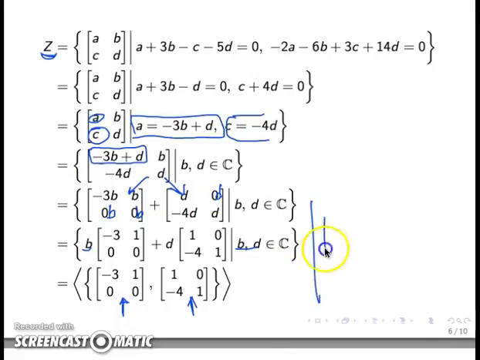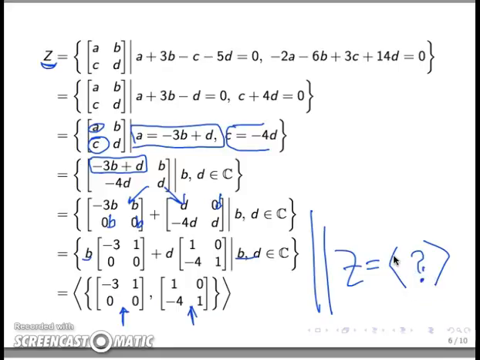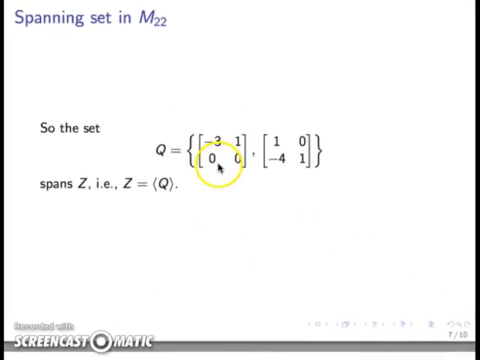In other words, Z can be represented as the span of some set, okay? And that set is what we denote here by the set Q. Q denotes the set with these two matrices, and by relying on techniques for calculating null space, we have been able to express the given set Z as the span of Q, or as a linear combination of these two matrices.